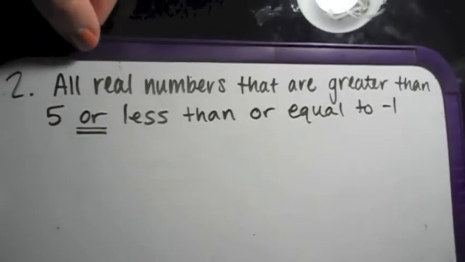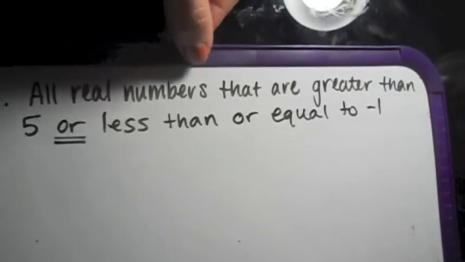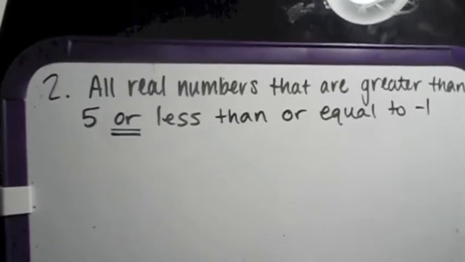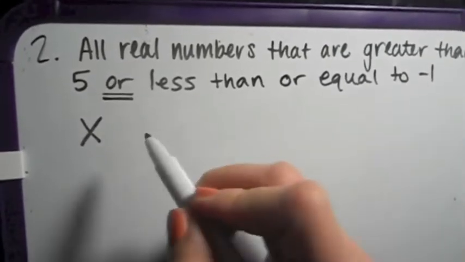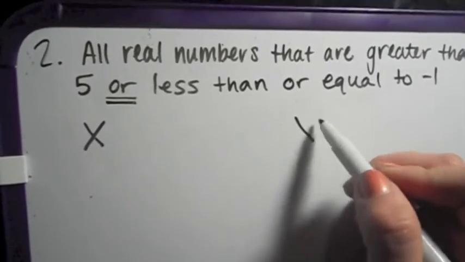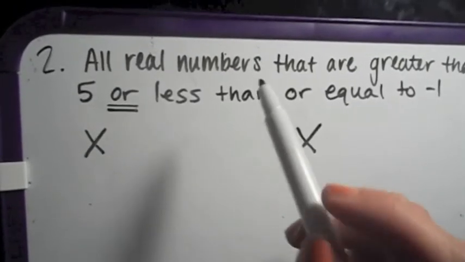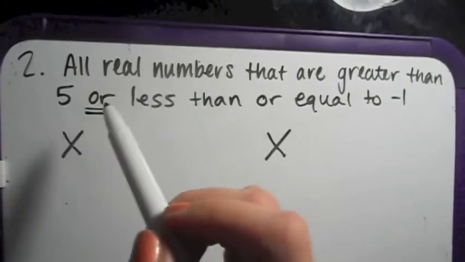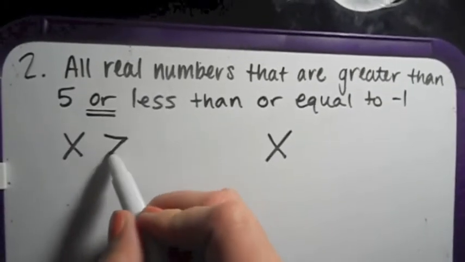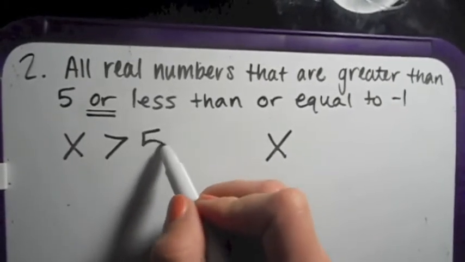So the first inequality, all real numbers that are. x is going to represent all the real numbers. And we know that we have two inequalities, so we'll have one here and one here. What's the first one? All real numbers that are greater than 5. So we do the greater than sign, 5.